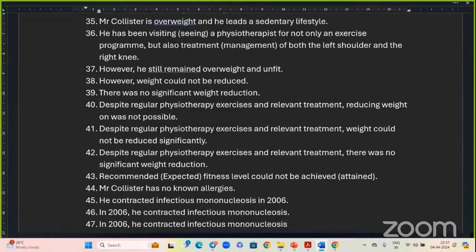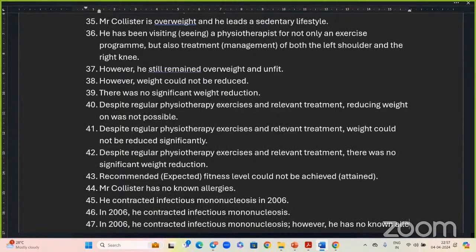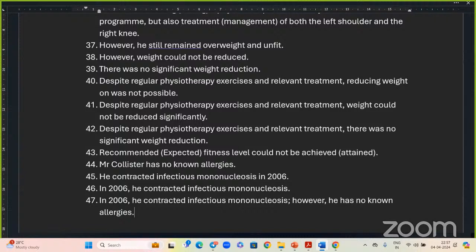However, he has no known allergies. Or but he has no known allergies. Though he has no known allergies, he contracted.